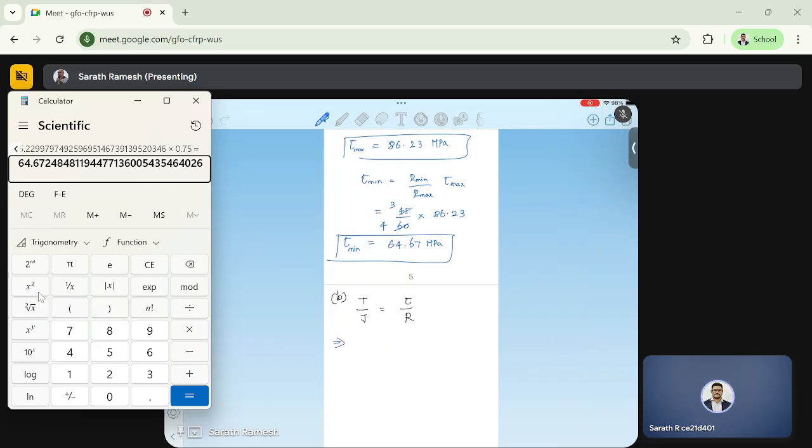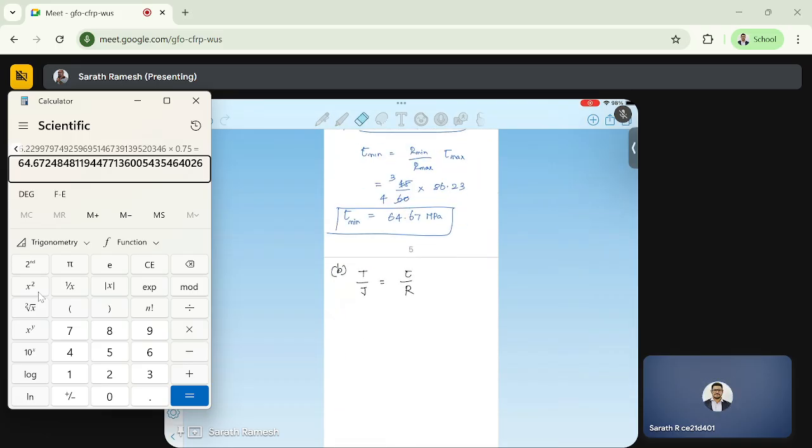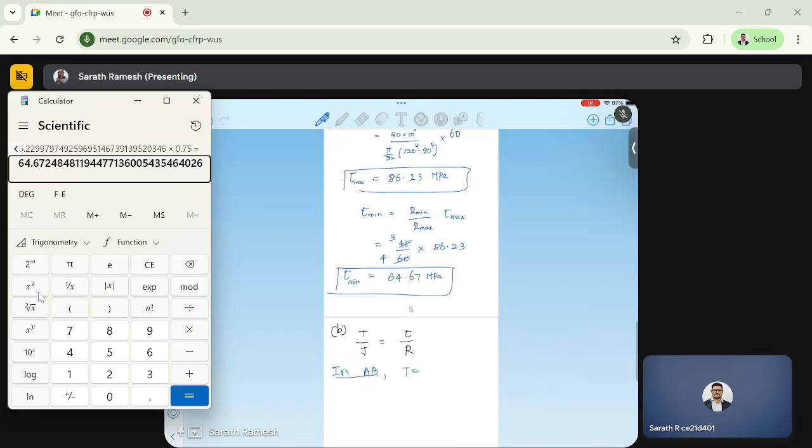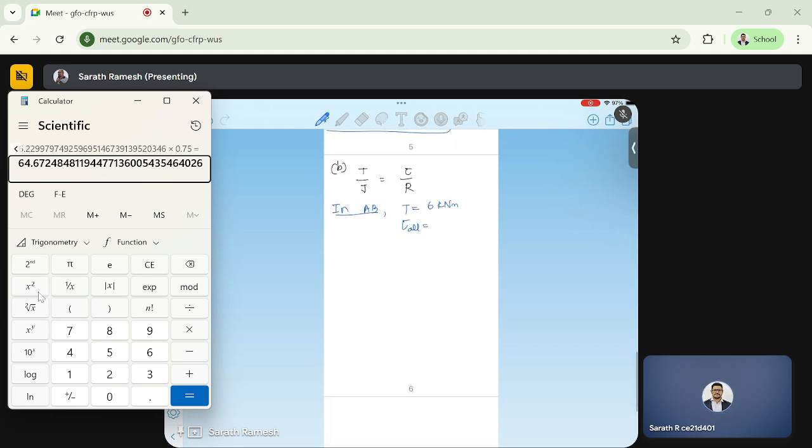So in AB, T is equal to how much? 6. And tau allowable is given in the question, which is 65 megapascal. And J, we know, it's unknown.